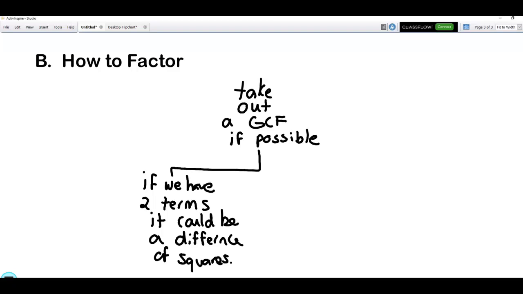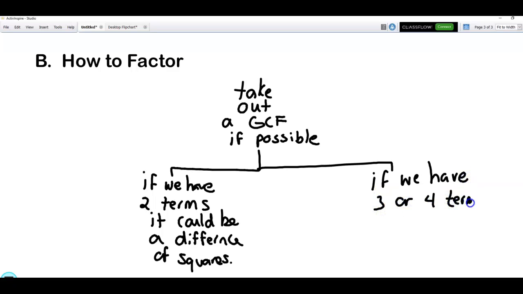So we have GCF is one factoring strategy. Another factoring strategy is the difference of squares. You always start by looking for a GCF. But after that, if it has 2 terms, maybe it's a difference of squares. It may not be, but it could be. The other part of this is if we have 3 or 4 terms, we're going to use the box method.